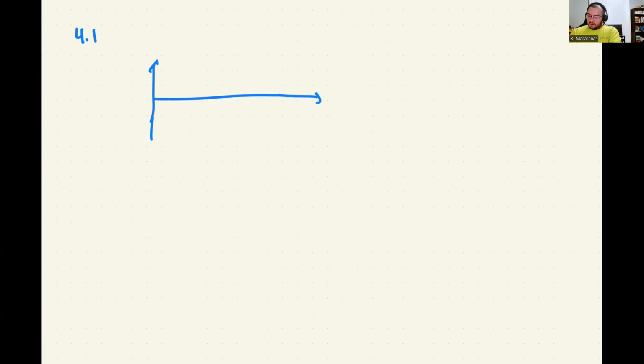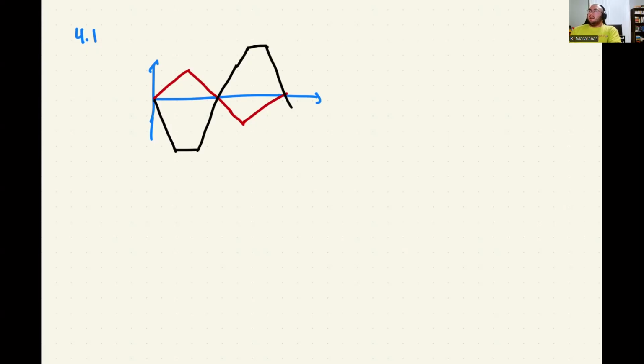The input is looking something like this, and then the corresponding output looks like this, where it gets up to here and it clips, and then it goes up to here, and then also clips, something like that.